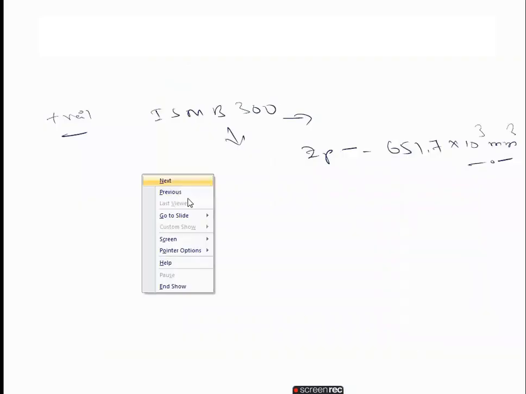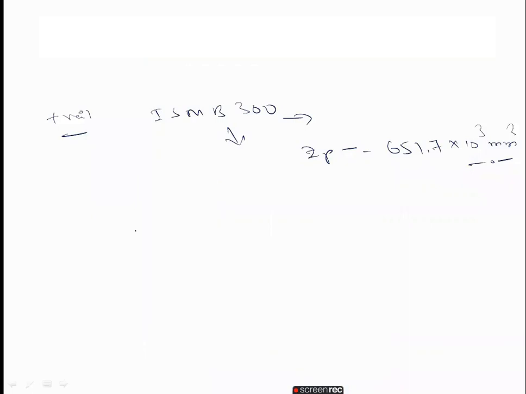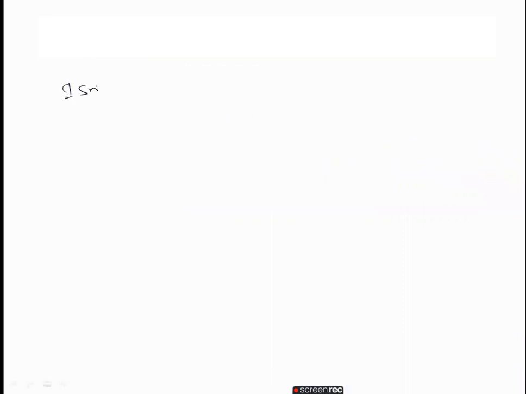So that's why I will write all those things now. The overall depth for the ISMB 300 is 300 mm.